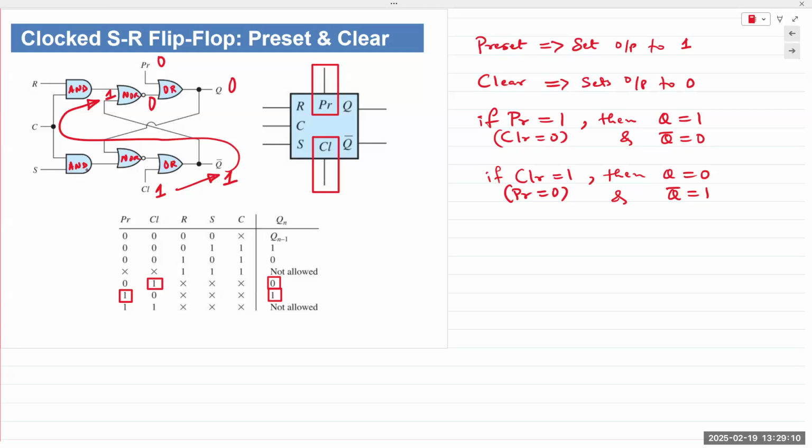Again, clear goes 1, output Q goes low. And preset goes 1, output Q goes 1. Hence, preset and clear. The rest of the time, it functions as a normal SR clock.